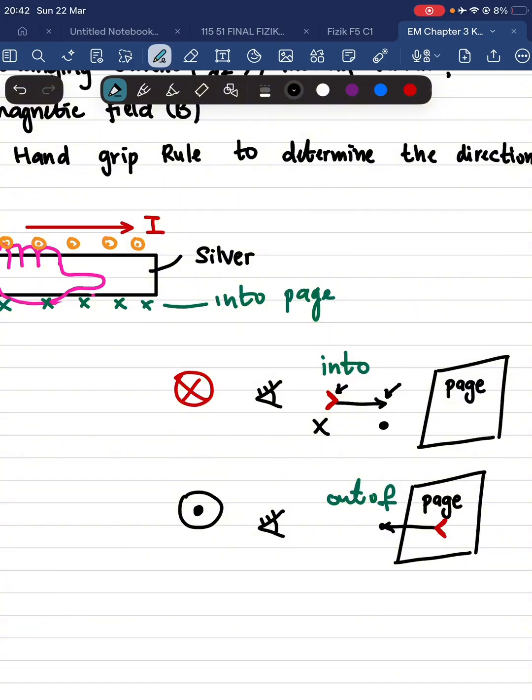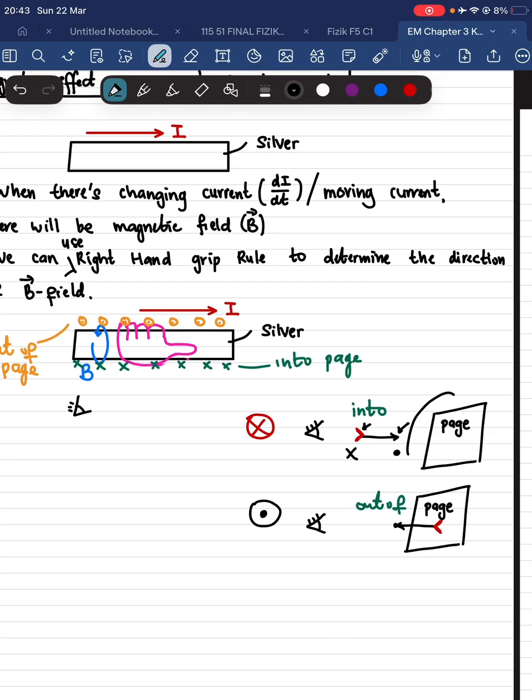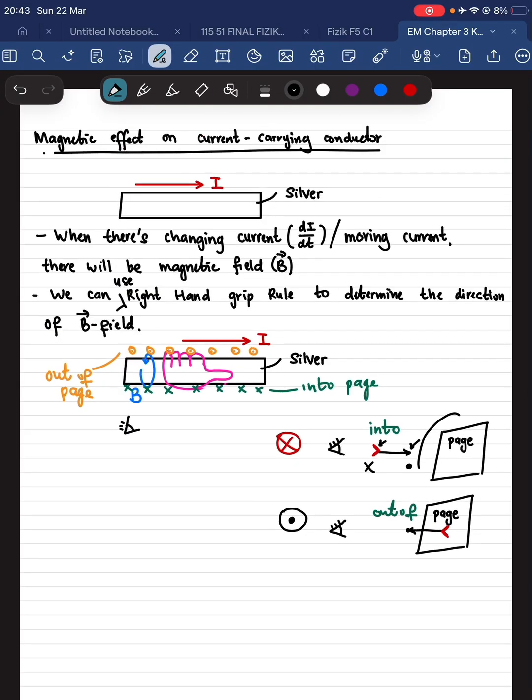So when there's a vector going into the page, into this paper, we see the X, we see the back of the arrow. But when it is coming out of the page, we see the tip of the arrow, which is the dot, right? It's very easy.